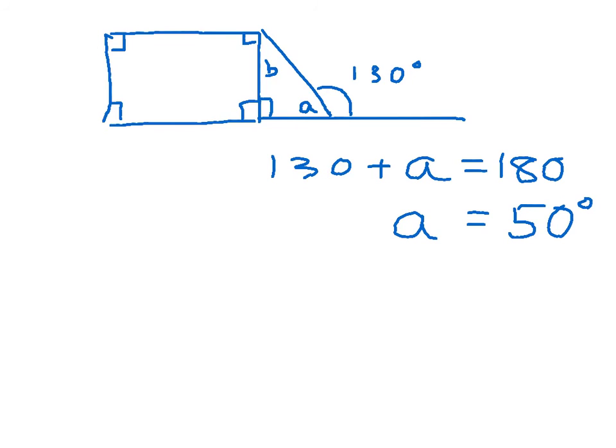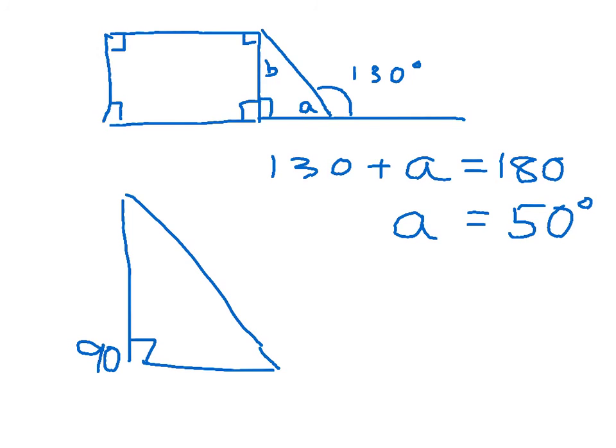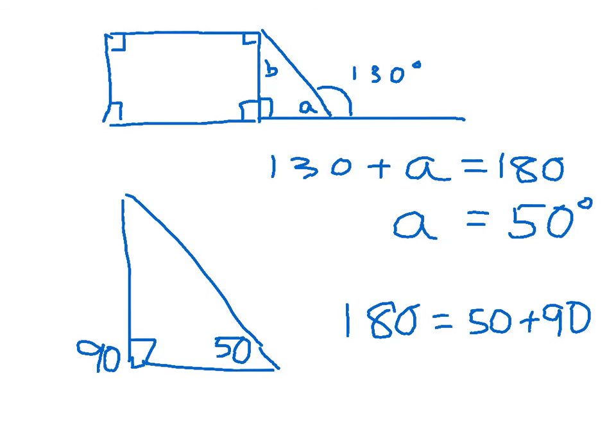And then we figure that in this triangle, and I'm going to make it a little bigger over here, it's a little hard to see otherwise, this was a 90, A is a 50. We know that triangles are 180, so we know that 50 plus 90 does not make 180, that makes 140. I'm sorry, I said 130, it was 140.